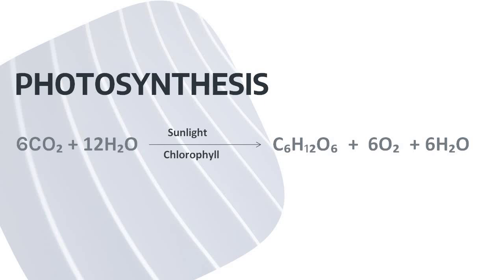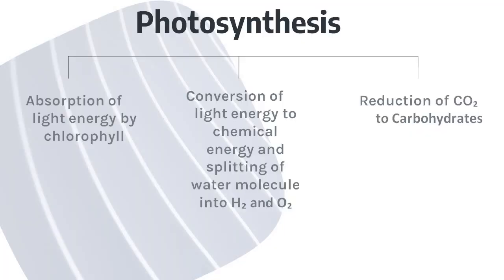Therefore, the process of photosynthesis can be divided into 3 steps. Step 1. Absorption of light energy by chlorophyll. Step 2. Conversion of light energy to chemical energy and splitting of water molecules into hydrogen and oxygen. Step 3. Reduction of carbon dioxide to carbohydrates.